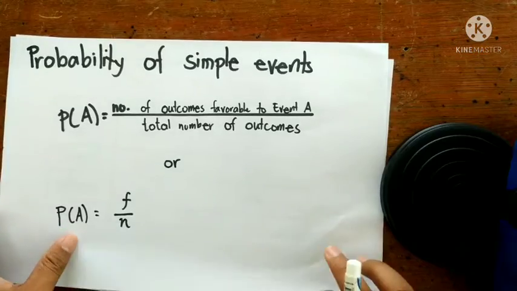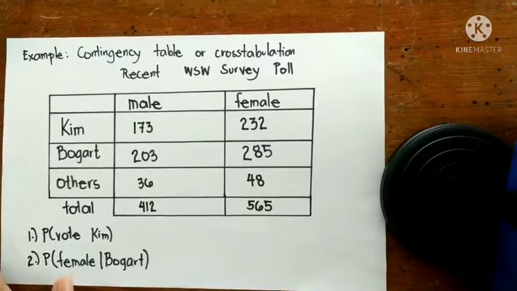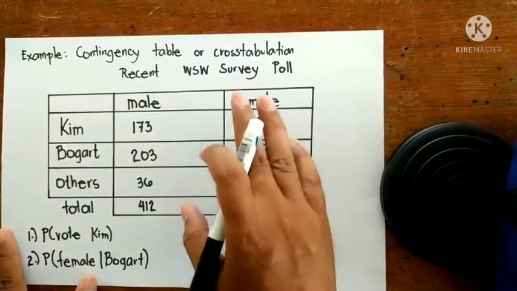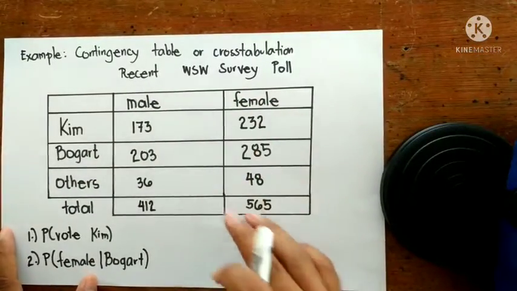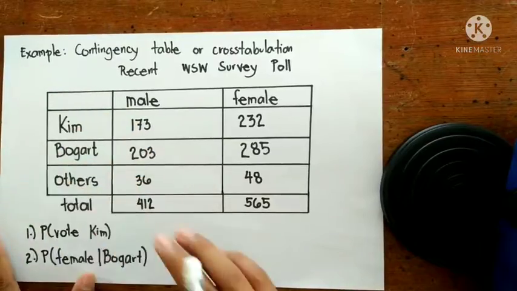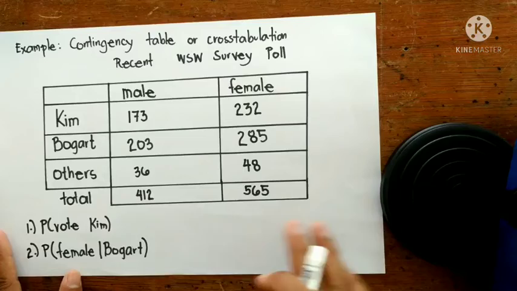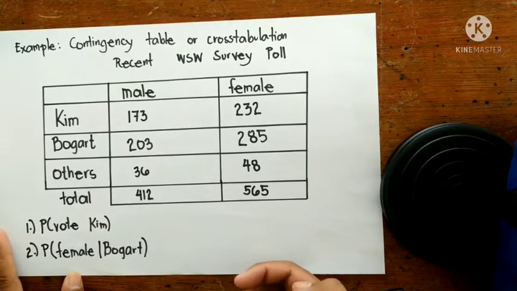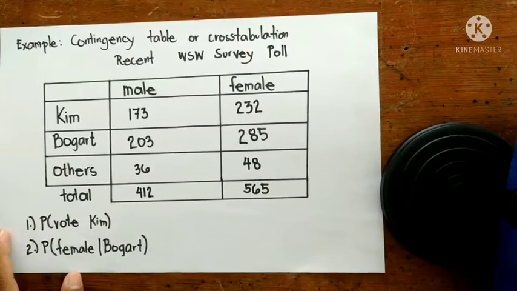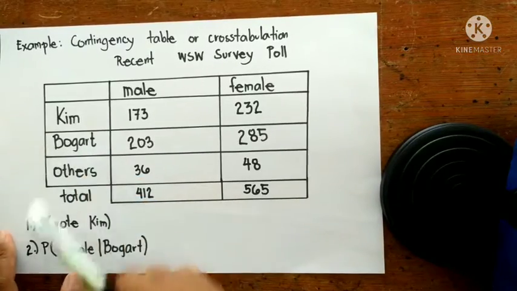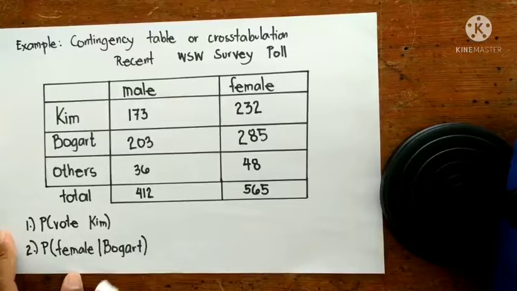Now let's take a look at this contingency table, or cross tabulation, according to the recent WSW survey poll. This is about the poll of the upcoming presidency. We have the candidates Kim, Bogart, and others.